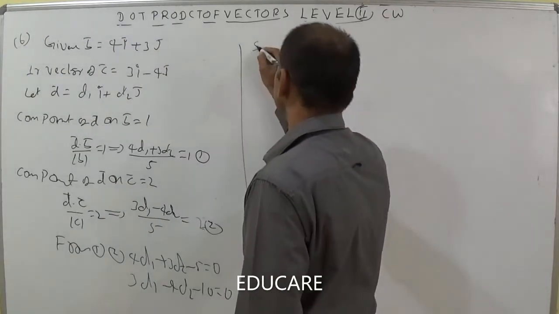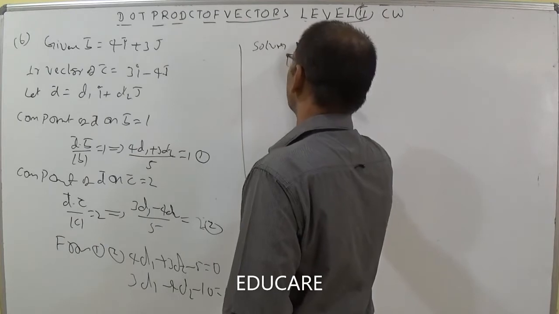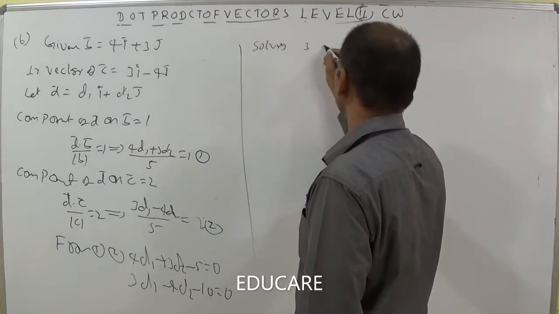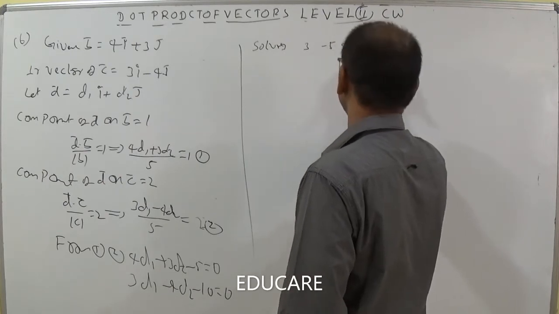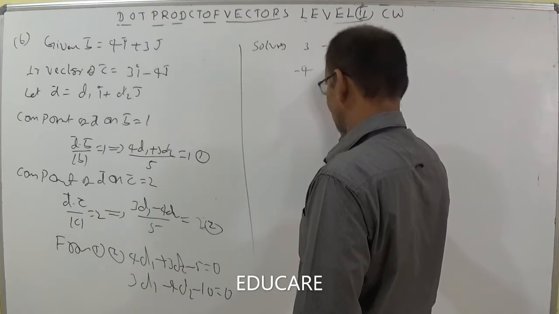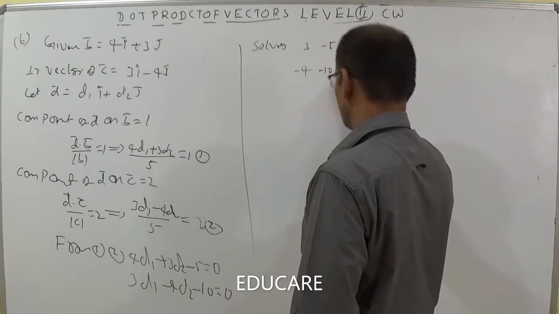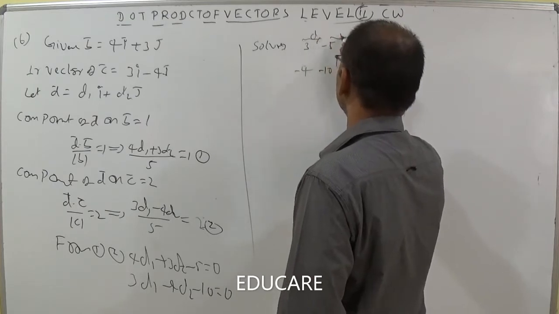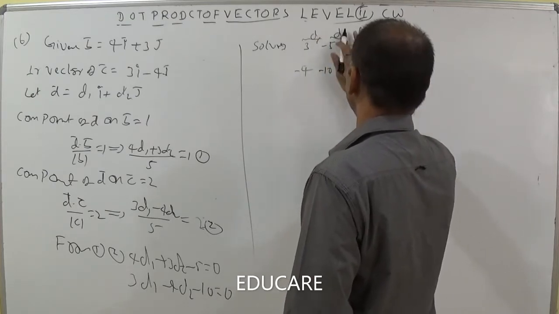By solving the two equations, we know the method: 3, minus 5, 4, 3, then minus 4, minus 10, and 3, minus 4. This is for D1, this is for D2, this is for the constant.